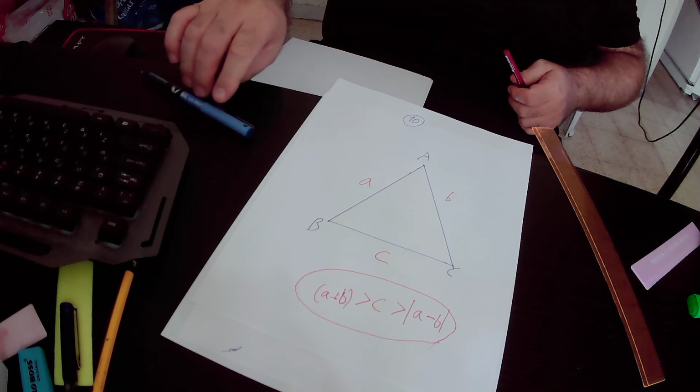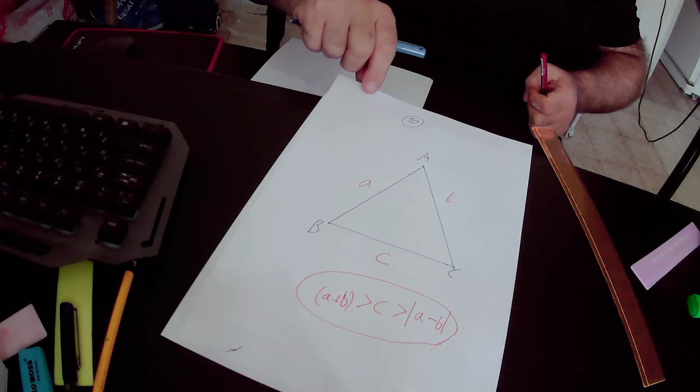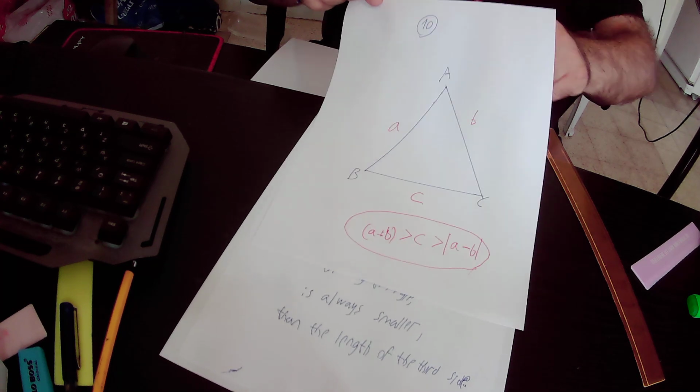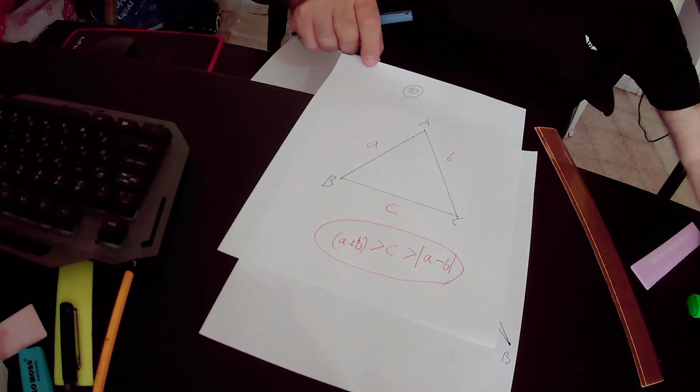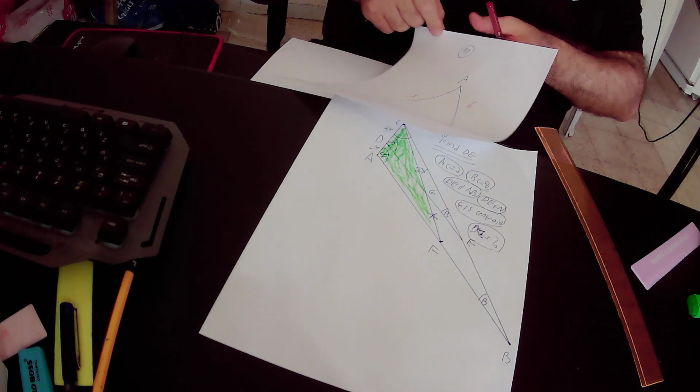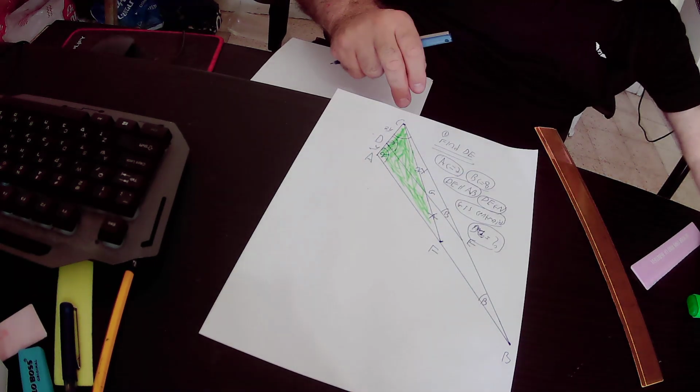Okay, so now we will implement rule number 4 in our triangle ABC, the big triangle.